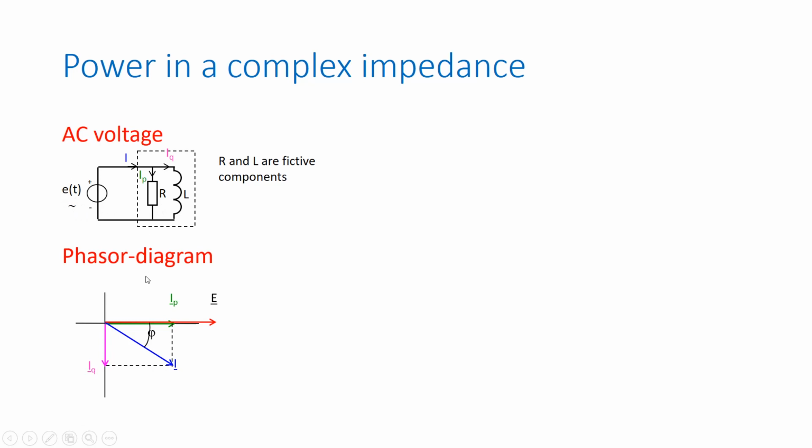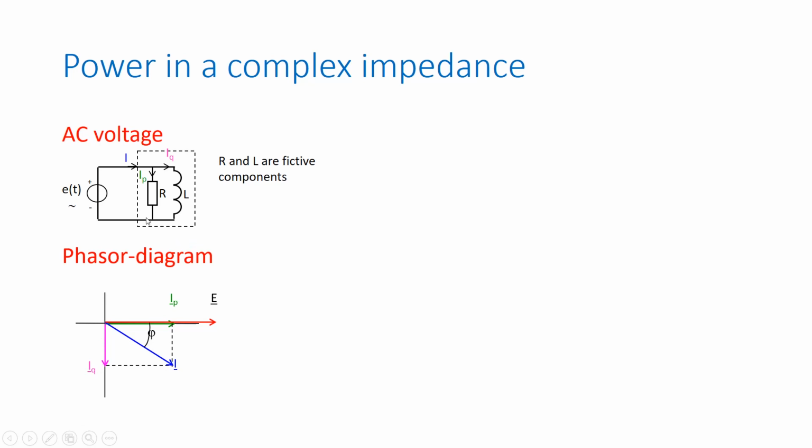So the vector of the current IP is on the same axis, the horizontal axis, as the voltage, because both are in phase. The current IQ, the current through the inductor, lags the voltage by 90 degrees. This is minus 90 degrees, or minus pi over 2 radians. So the vector IQ is on the negative axis.